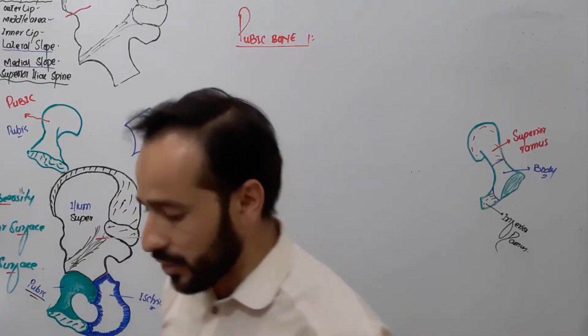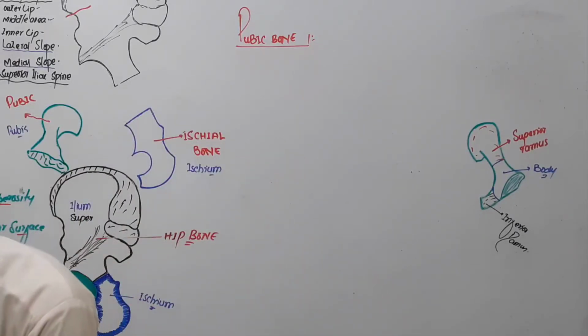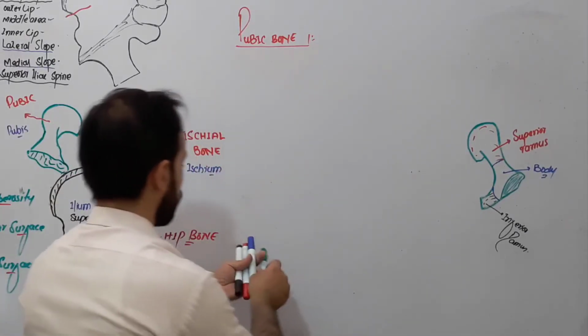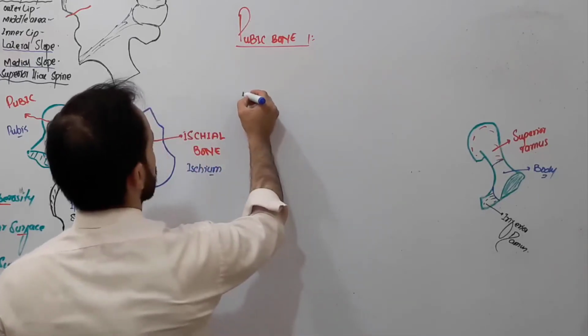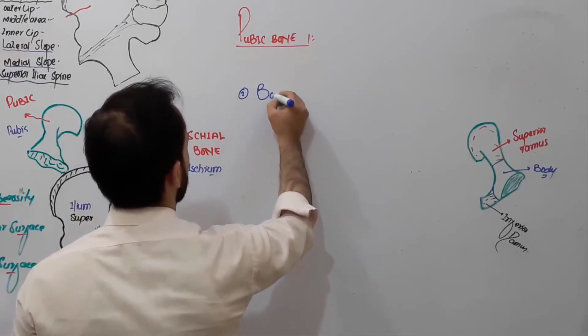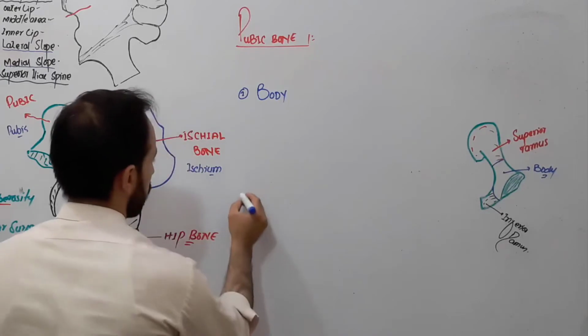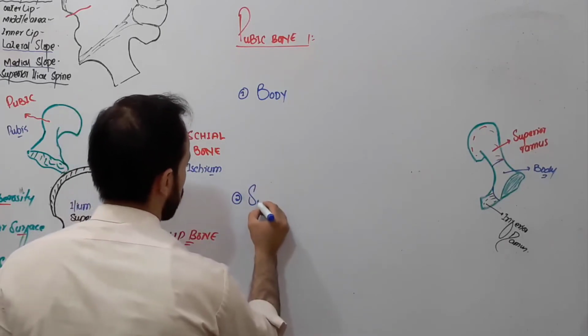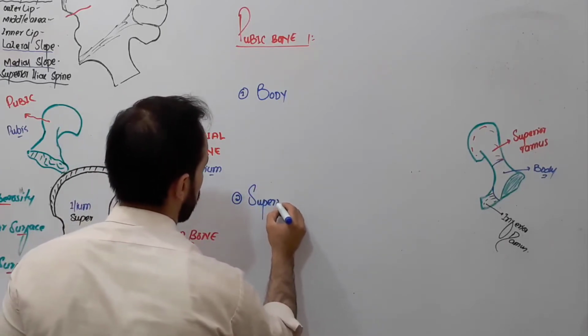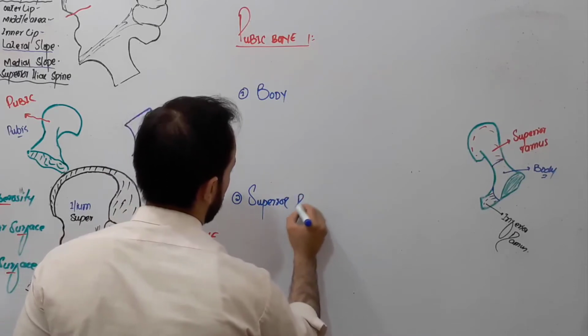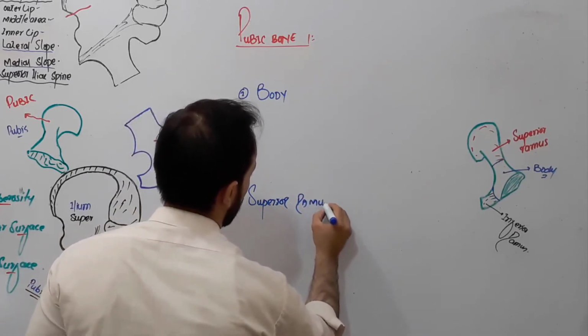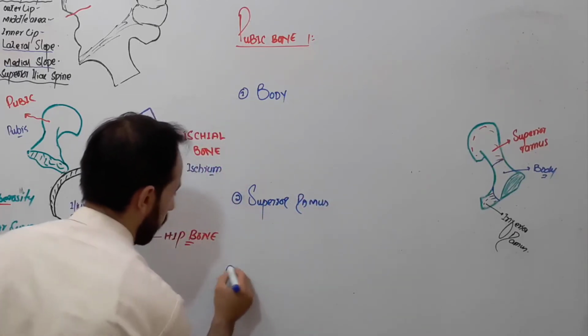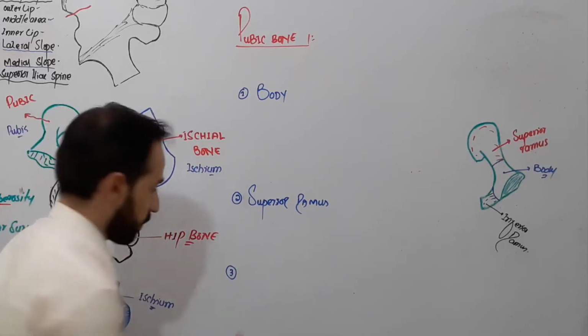Now let's see some features of all these 3 parts. Look carefully. First of all, I will write here, first it has a body, right? Then it has a superior ramus, right? And then it has an inferior ramus.